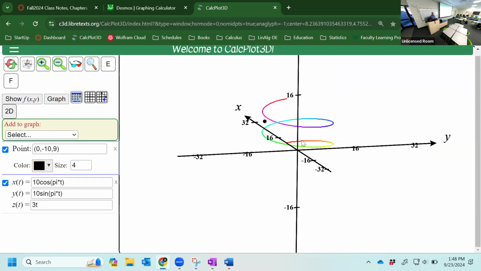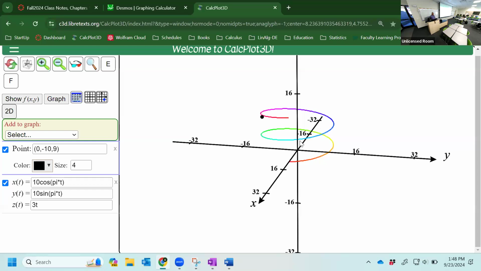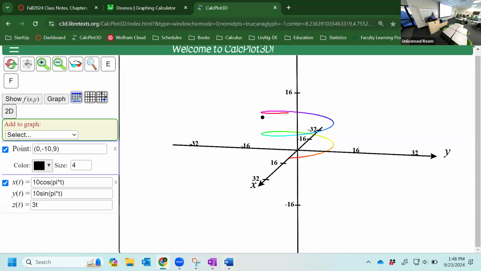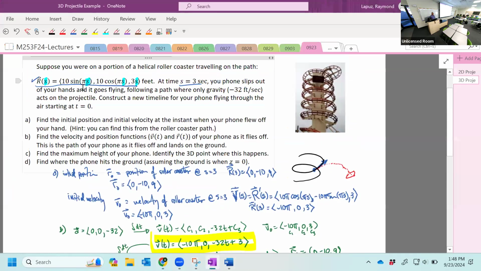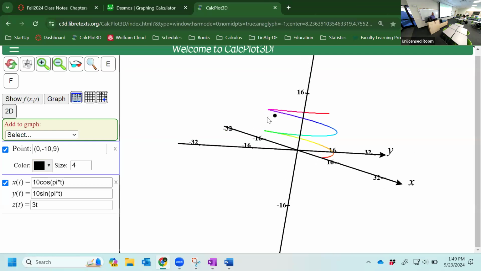Well, there's that point right there where, ooh, how come it's not on the curve? Three times 3. It's not on the curve. What's happening?